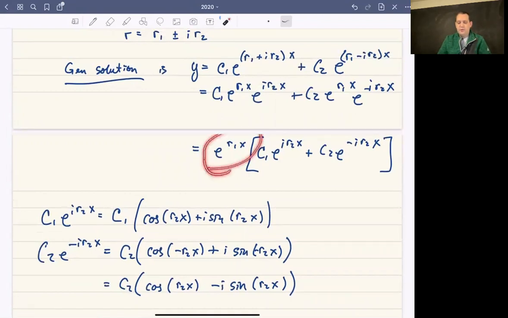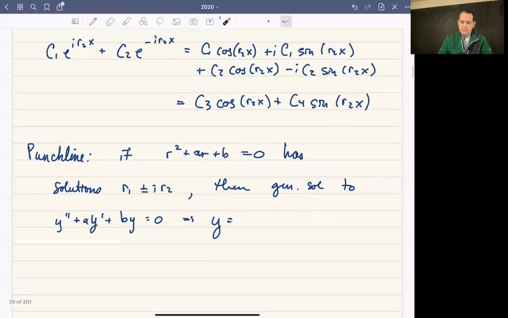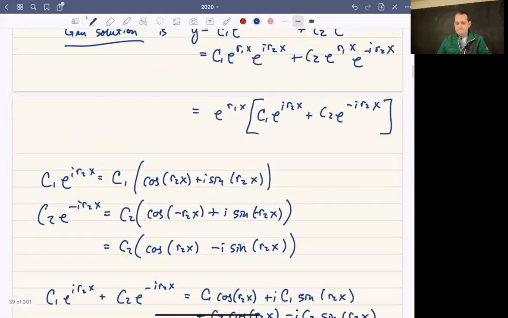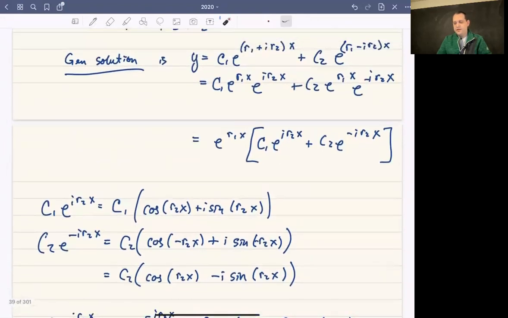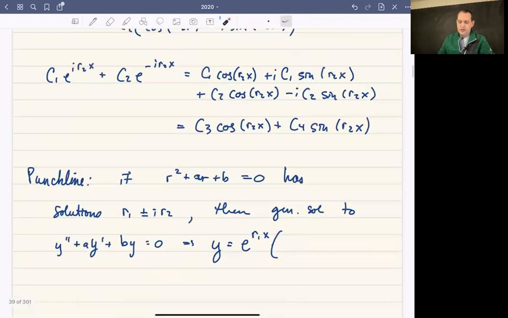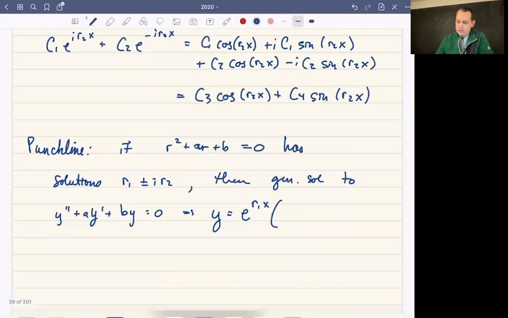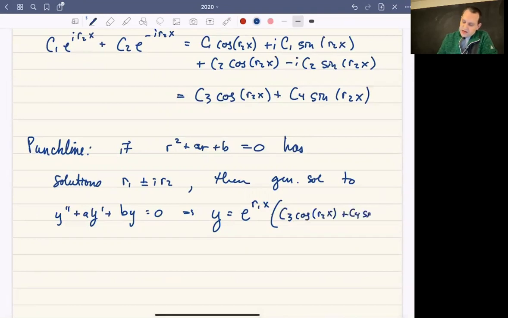We have e to the R1x times the quantity C1 e to the IR2x plus C2 e to the negative IR2x, which shakes out to C3 cosine of R2x plus C4 sine of R2x. And that's what the general solution is going to look like.